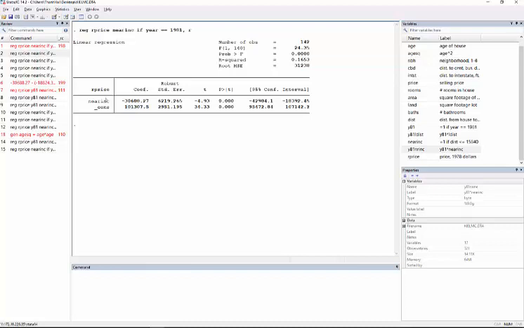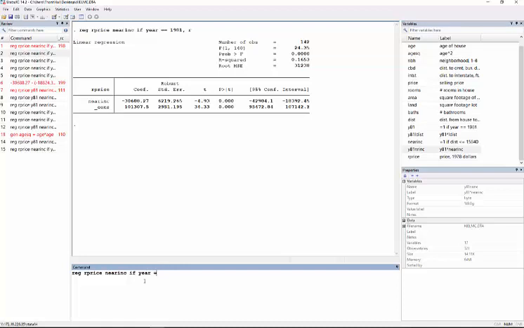Okay, so the average price of the houses that are not near the incinerator is 100,000 plus.